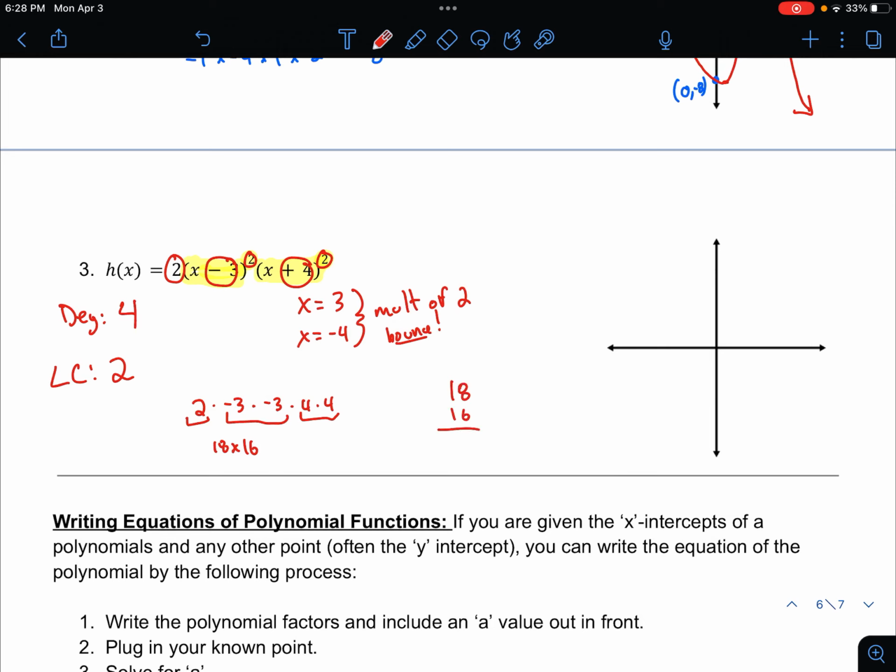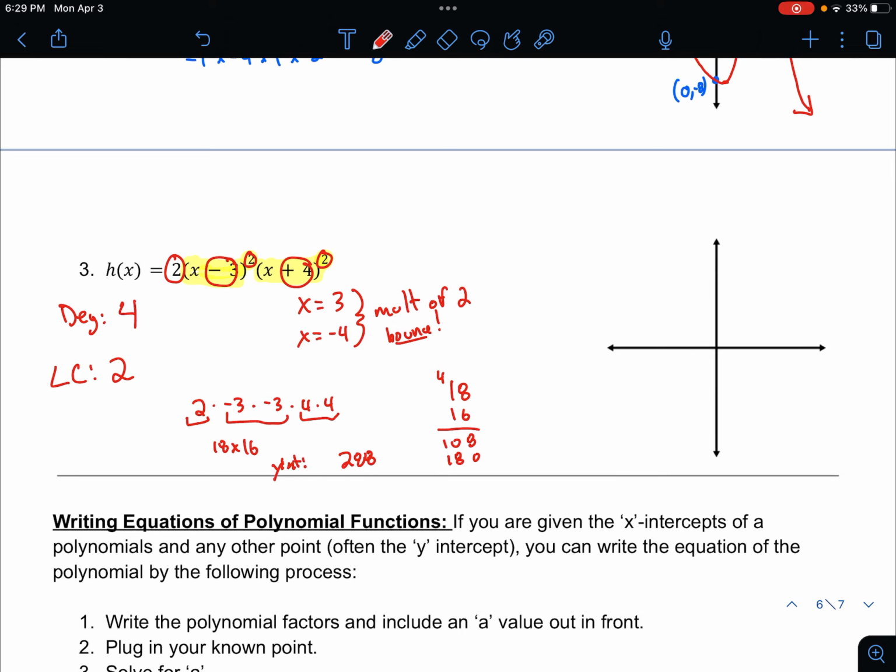Let's just do this. 18, 16, 48, 108, that checks out. 10 and 180 seems way too big. There we go. This is why we use calculators. And so we get 288.